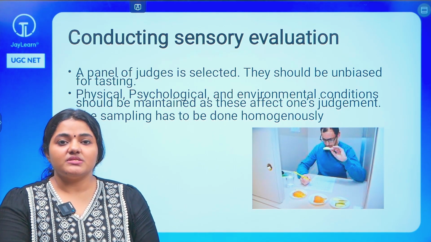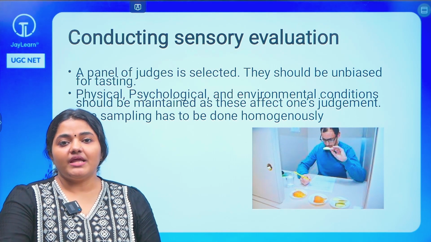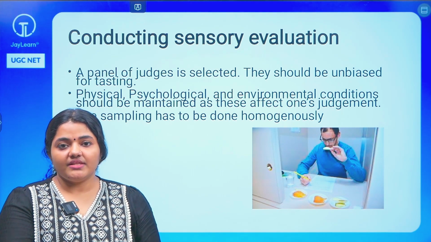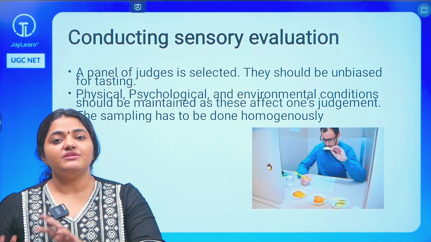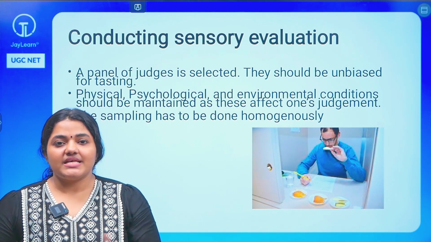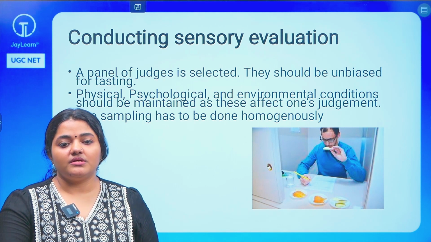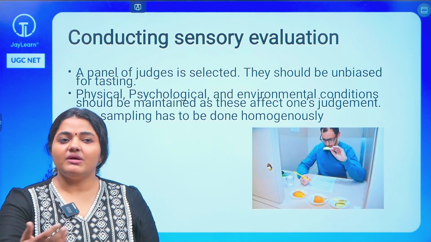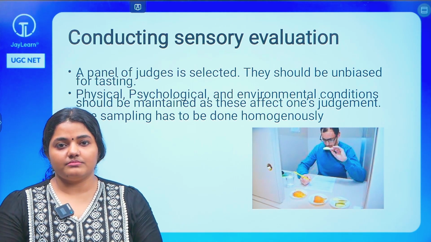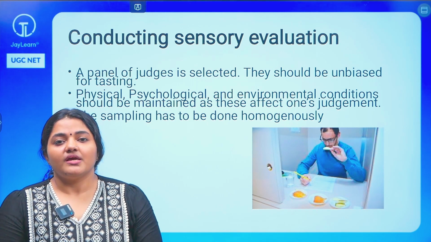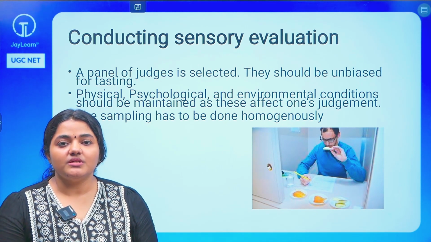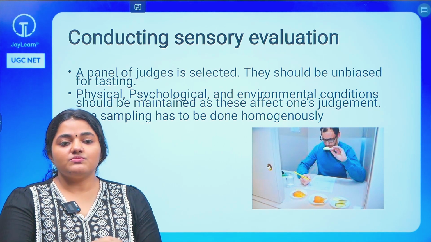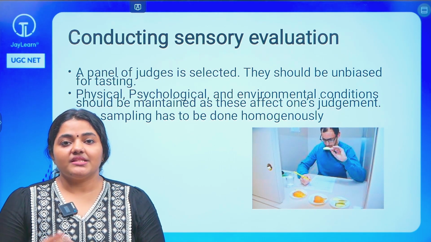You can't have a person with allergy evaluate a food which has that allergen content, or a person from a different cultural background evaluate a food from a different culture. Such people will have a bias towards that particular food.